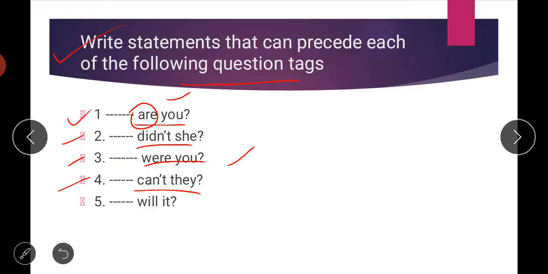The starting of that statement must be with the word they. So they can sing, they can dance. You can form any of these sentences simply. They can sing, they can dance, they can paint, can't they? So for this tag you can make any of the statements like they can sing, they can dance, they can paint, can't they? This is the complete statement.